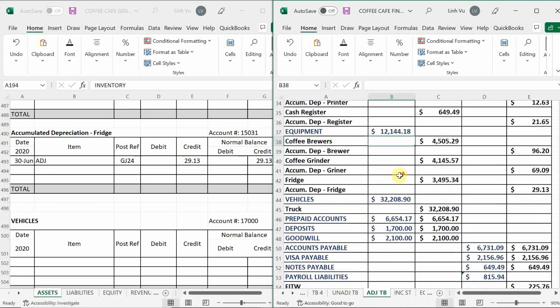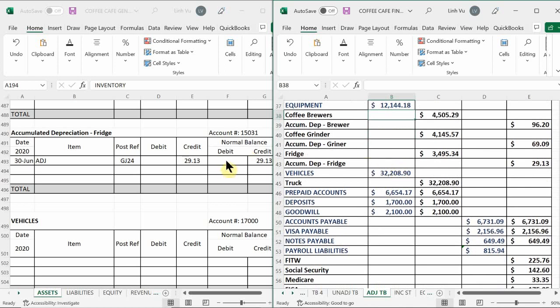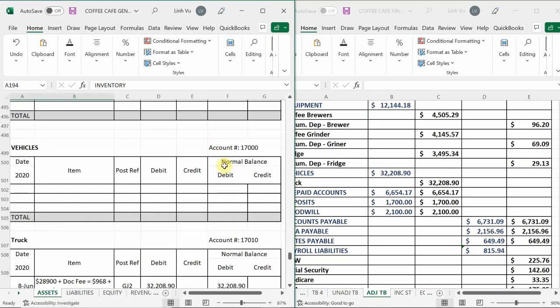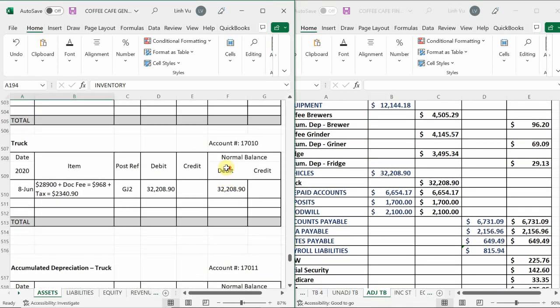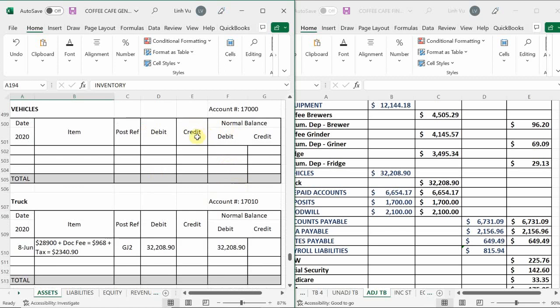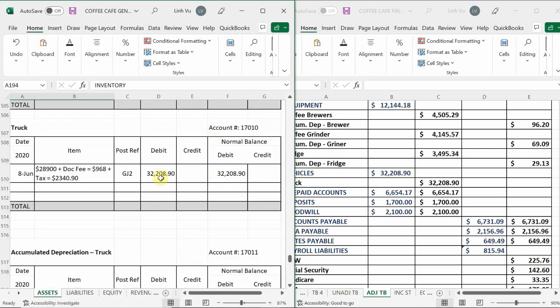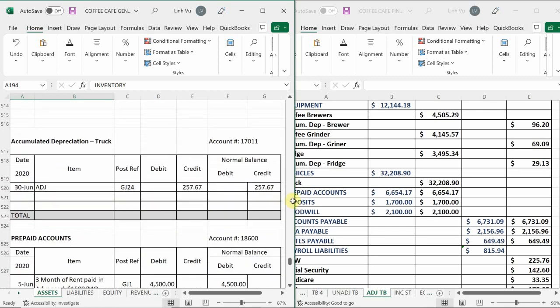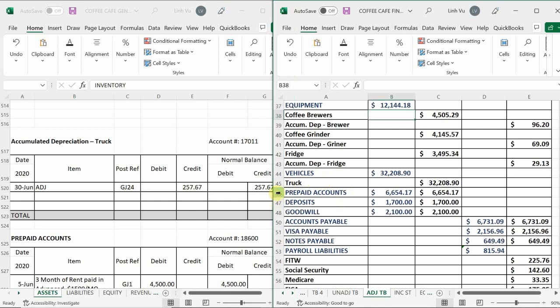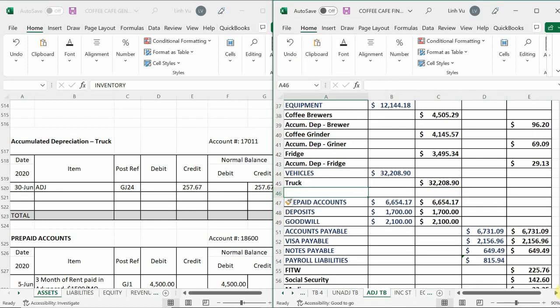So then let's see what happens next. Then we have the vehicles, right? This is where the vehicles account is going to be different this time, because I do have a truck, but my truck also carries an accumulated depreciation. So therefore, I have an accumulated depreciation for my truck.